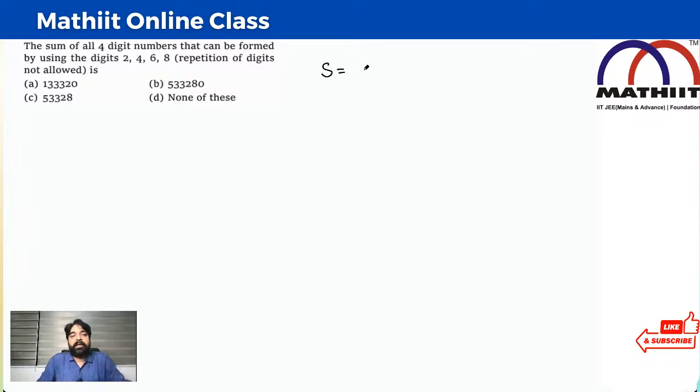The simple formula is S equal to unit place sum, suppose U, into 1, plus the sum of all the digits at tenth place, suppose T, so T into 10, and the sum of all the digits at hundred place, H, so H into 100, and so on. This is the process we will be following.